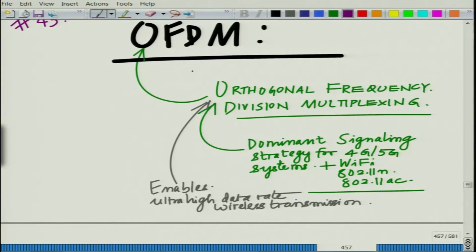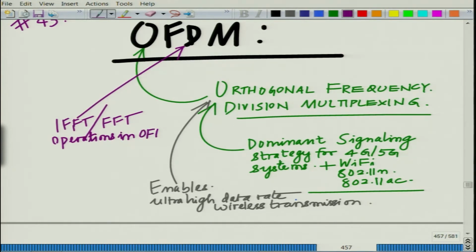What we want to explore via this module is what is the role of the IFFT and FFT operations in OFDM.